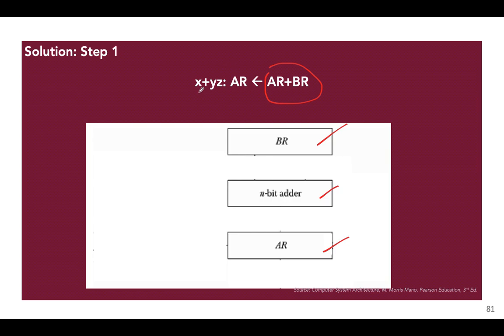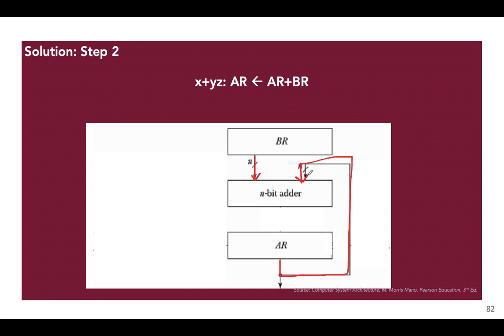What's important to note is this part, the control. How do we draw the control? Let's first make all the transitions of the data value. So n bits of data value will go into the n-bit adder from BR, and n bits of data value will go into the n-bit adder from AR.